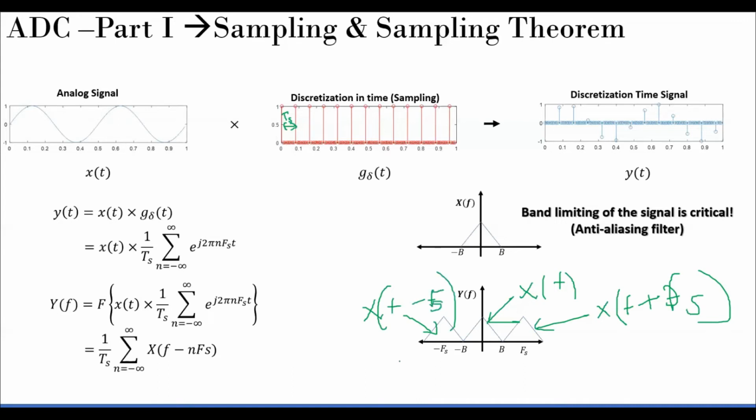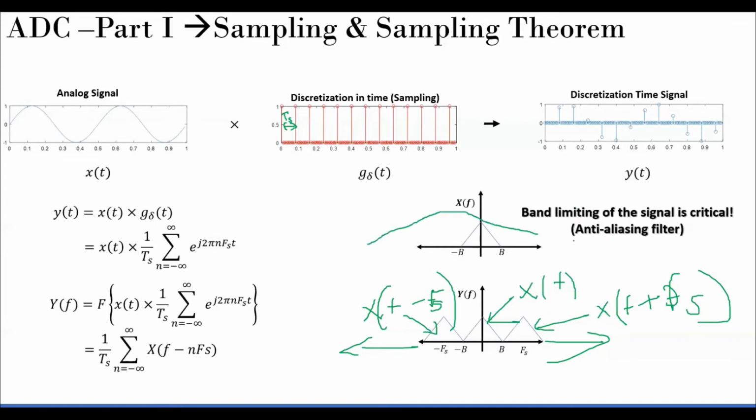And so on, you can have this point and this point. So what you actually observe is when you sample, the spectrum is getting replicated. The spectrum is no more at this location alone, but it will be at fs, minus fs, 2fs, minus 2fs, and so on, on both sides.